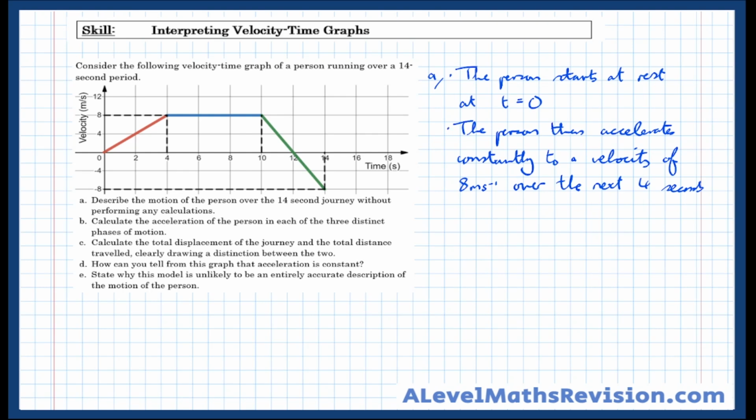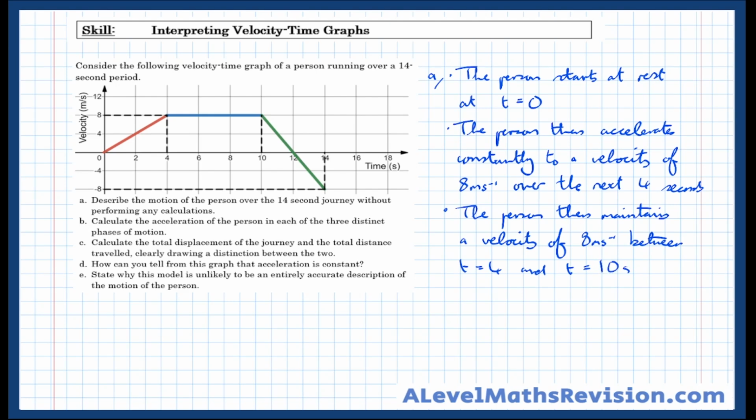The person then maintains a velocity of 8 meters per second between t equals 4 and t equals 10 seconds.